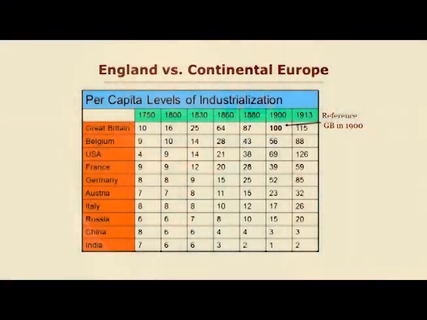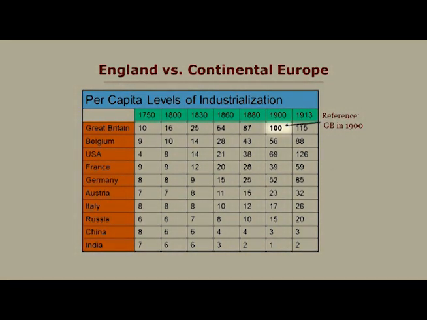Now, let's see the effect of the Industrial Revolution in the various countries of Europe. This is a chart that shows the per capita industrialization in each of the major countries of the world. Great Britain was taken to be the standard, and the standard was assigned at the year 1900 as 100.